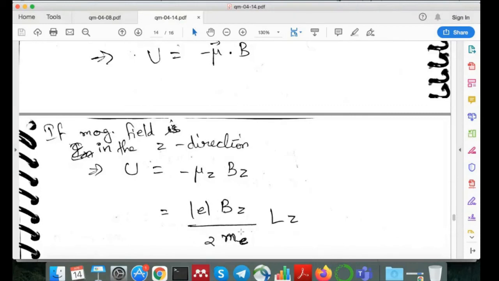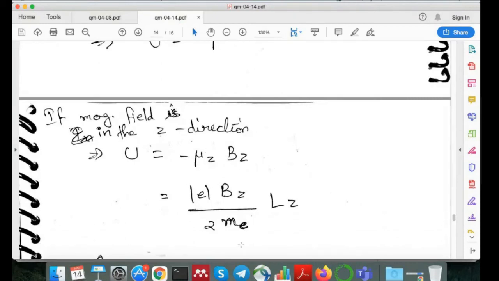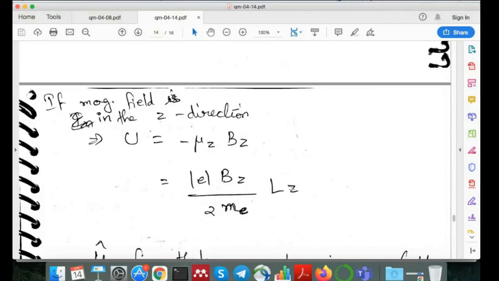The formula for this can be written in terms of the angular momentum in the Z direction, which is Lz. You don't have to remember all these formulas, but just understand the concept of what is happening.